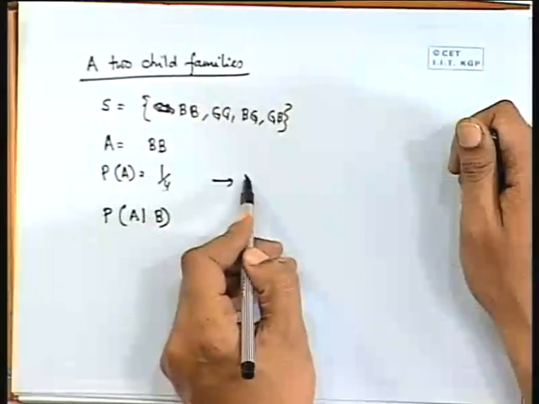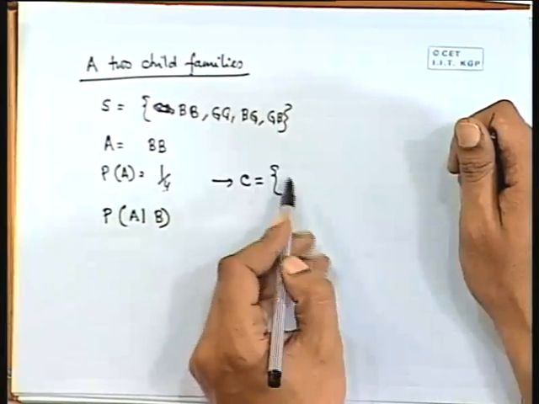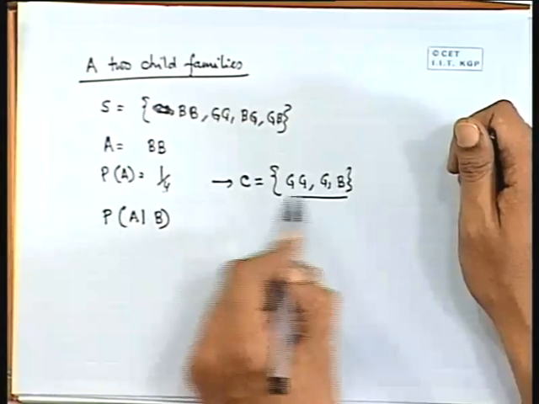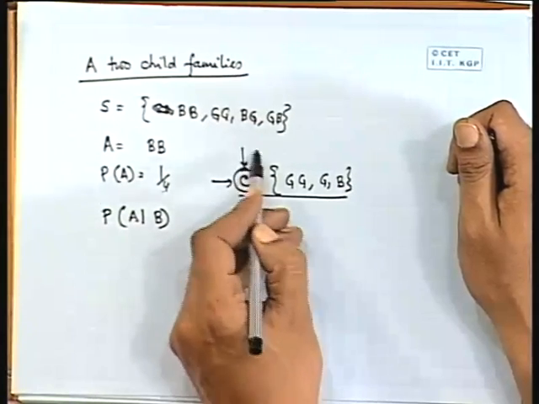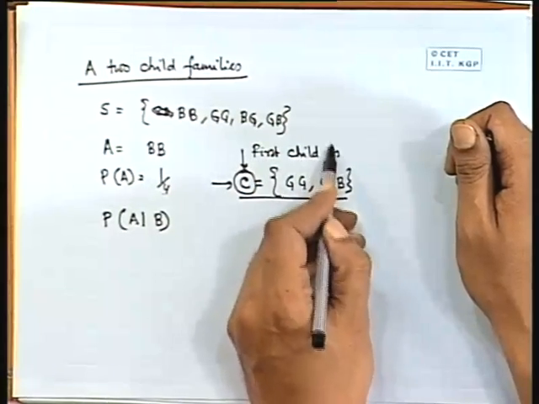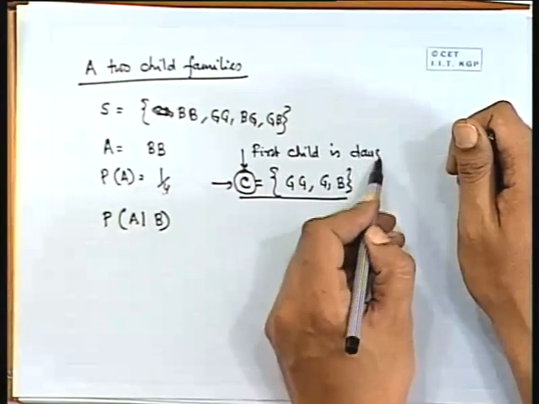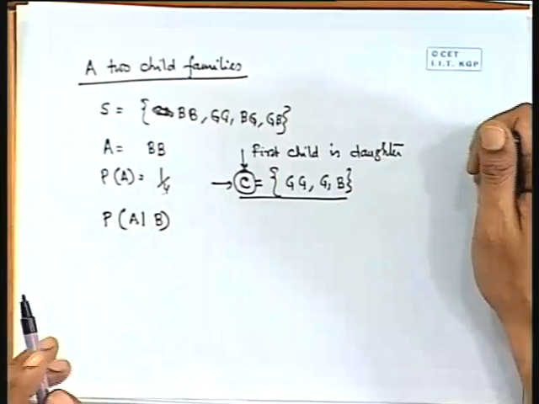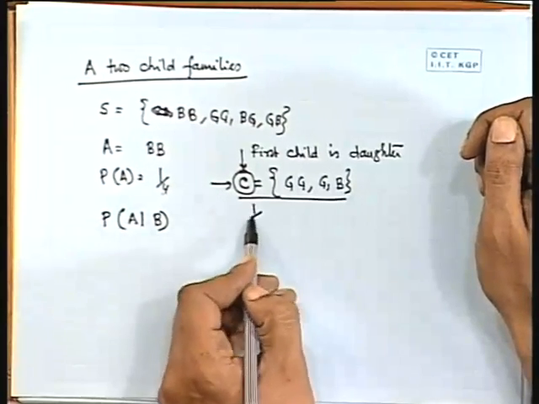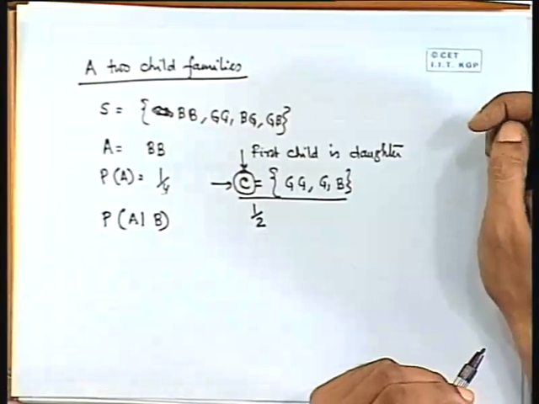What is that set? It is GG and GB. This is the event that the first child is a daughter. What is the probability of this event? Half.